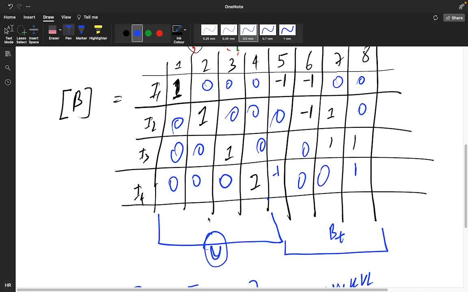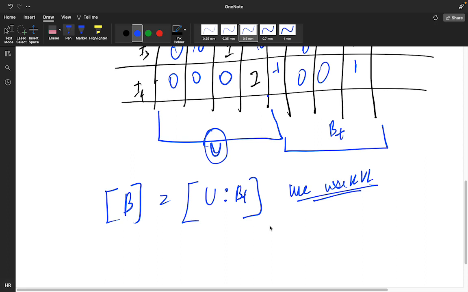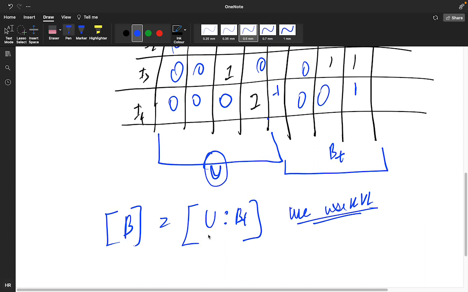So you are getting two sets of matrix, the U matrix and the BT matrix. Okay, so the tieset matrix is represented like this. So here you will get one matrix, and your BT matrix you are getting as another matrix.